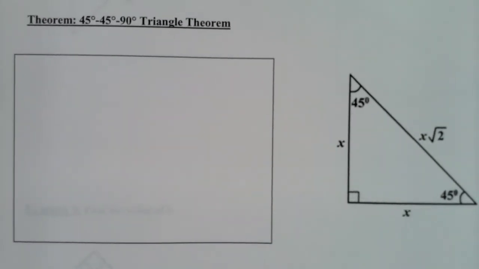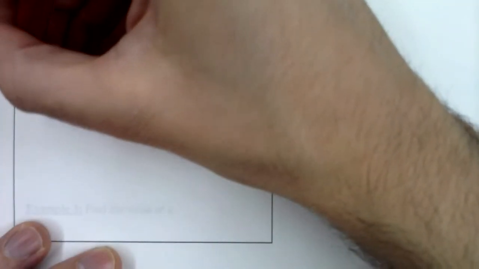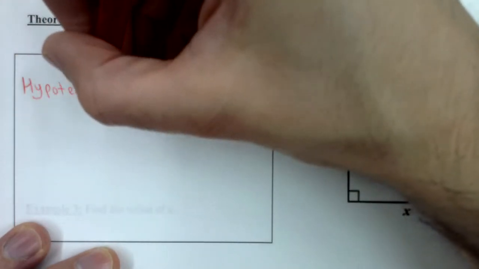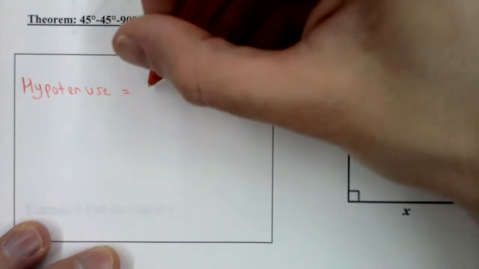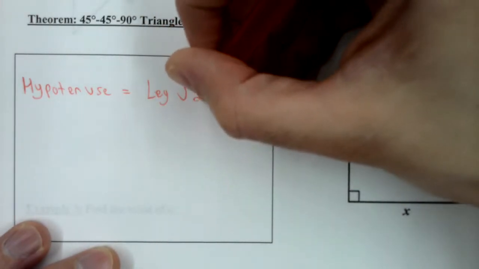So let's start with the easier one, the 45, 45, 90 triangles, okay? There's a special relationship between the sides, okay? So the first thing you have to know is that the hypotenuse equals the leg times the square root of 2.